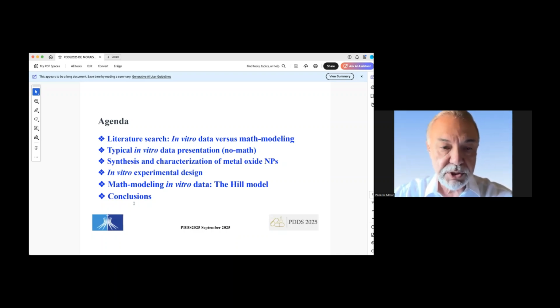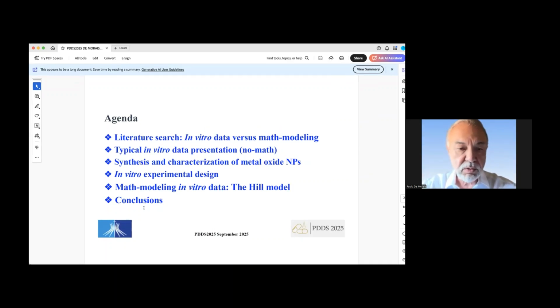And then I'll switch to the synthesis and characterization of the tin oxide nanoparticles. Then I will show you the in vitro experimental design. And finally, I will present to you the data and the mathematical modeling of the data, in particular the Hill model. And then I will come to my conclusions today.